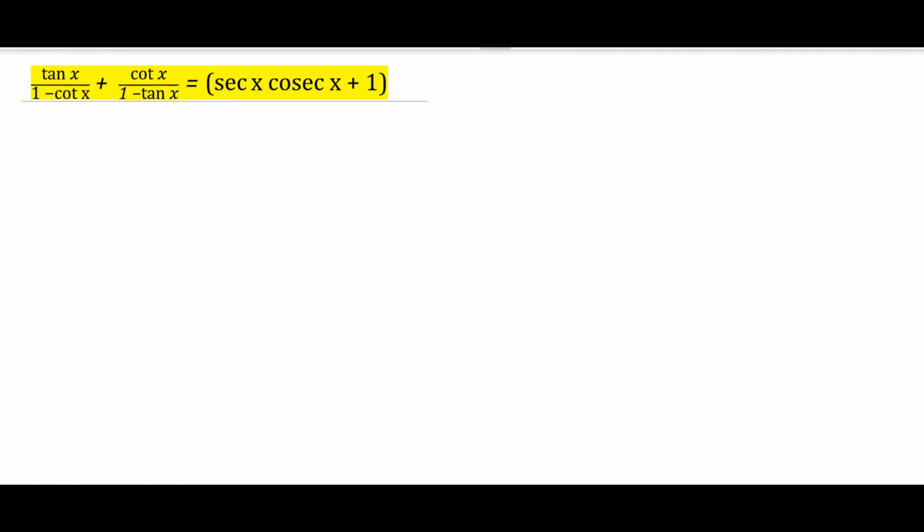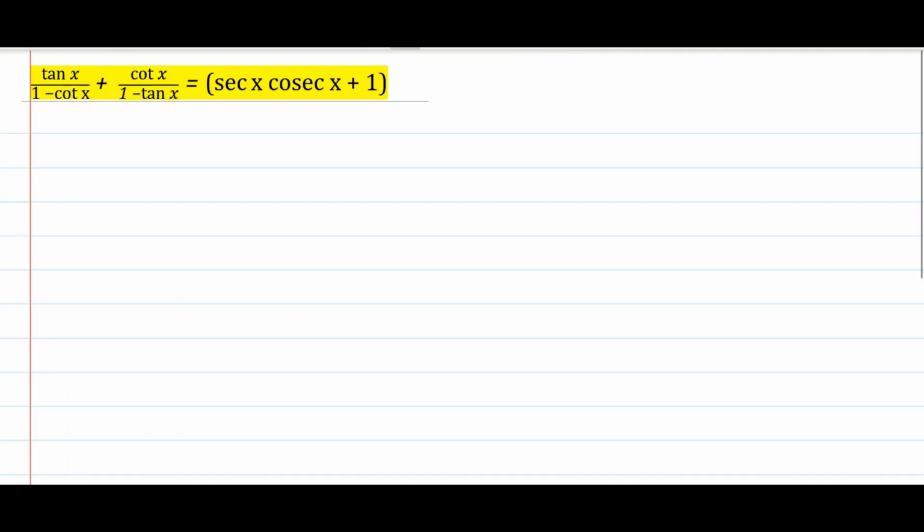Coming to the next question. So this cot x can be written as 1 upon tan x. We'll write that here. We have tan x upon (1 minus 1 upon tan x) less 1 upon tan x into 1 by (1 minus tan x).